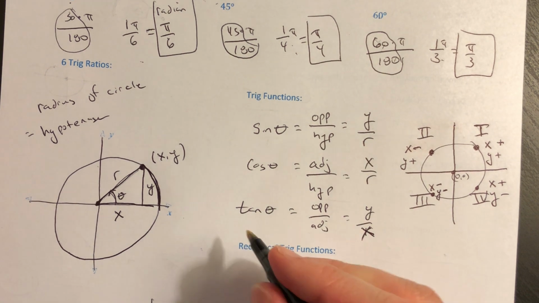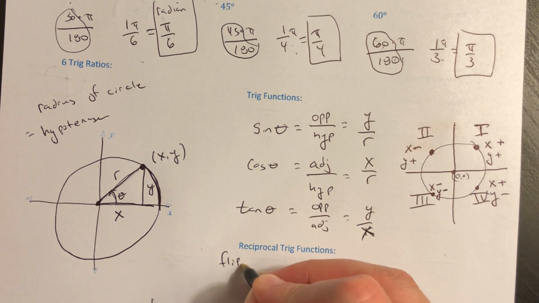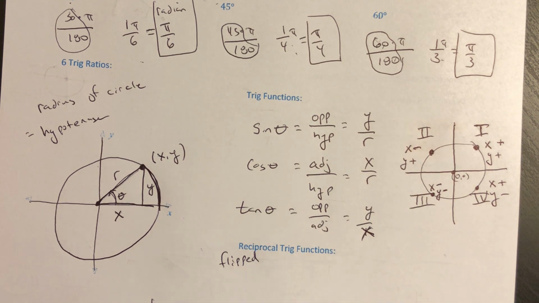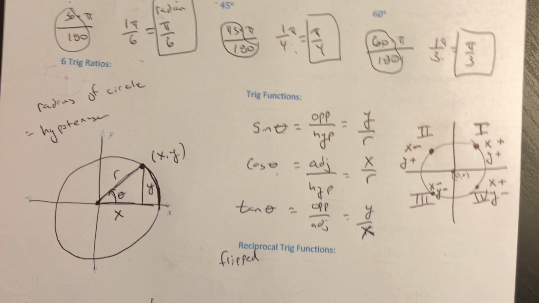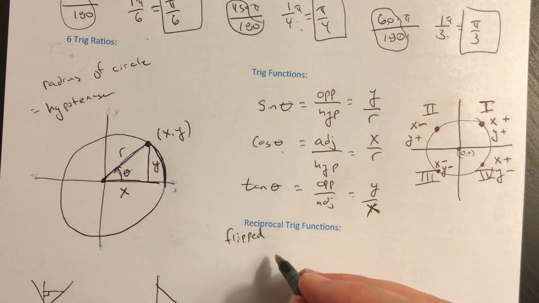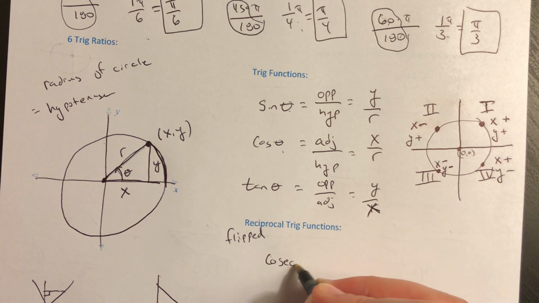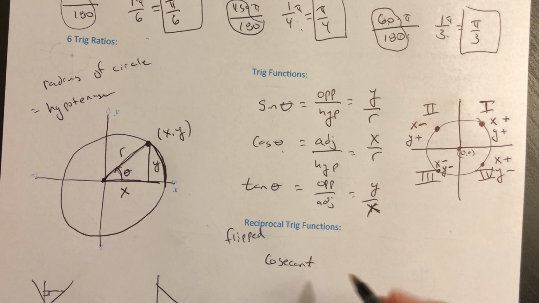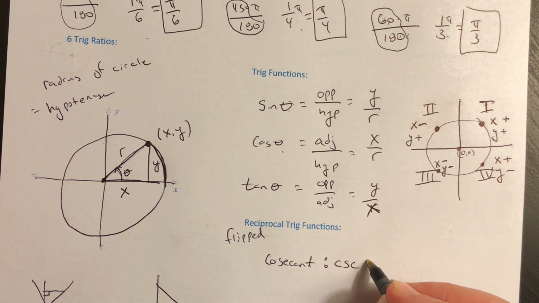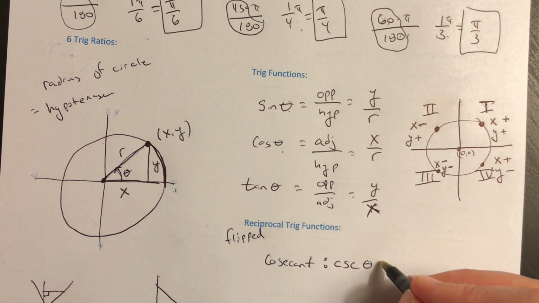Remember, reciprocal is just a fancy math word meaning flipped. We're going to have 3 new ones, but they're just flipped versions of sine, cosine, and tangent. The first one we're going to talk about is called cosecant, written as CSC of theta, and it is the reciprocal of sine.